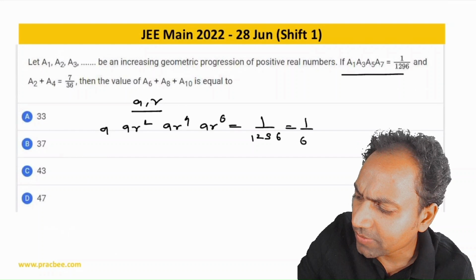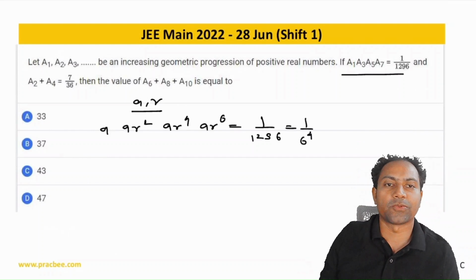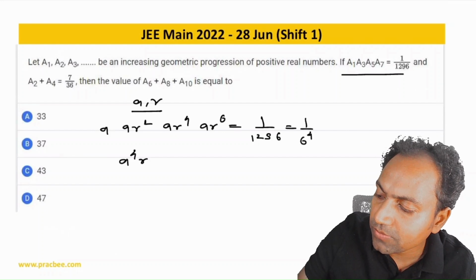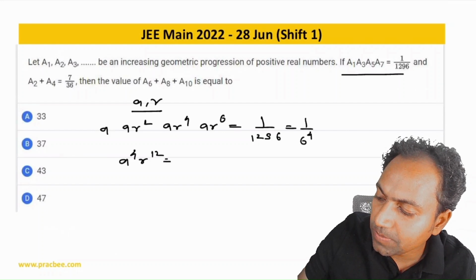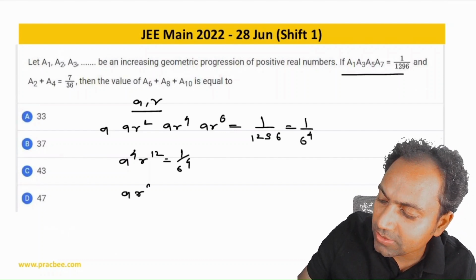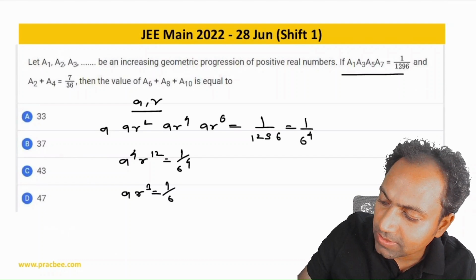And we all know that 1296 is nothing but 6 raised to the power 4. If I write the terms on the left hand side, it is a raised to the power 4 and r raised to the power 12 is equal to 1 by 6 raised to the power 4. So ar cube will be equal to 1 by 6.